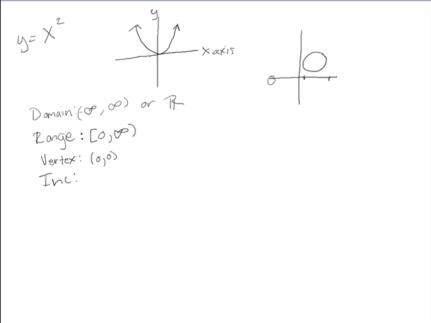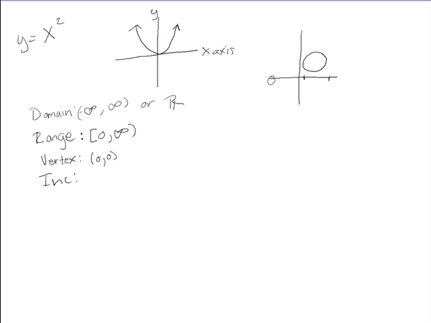It's either going to go from increasing to decreasing or from decreasing to increasing. In this case, my vertex is at (0, 0), and so that divides it into this left side over here and the right side. So I have to decide which of these two sides is the increasing side. If I look at the left side here, as I trace this from left to right, my y values go down. They get smaller. That means this is my decreasing interval. Okay? That means the other side over here is the increasing interval.